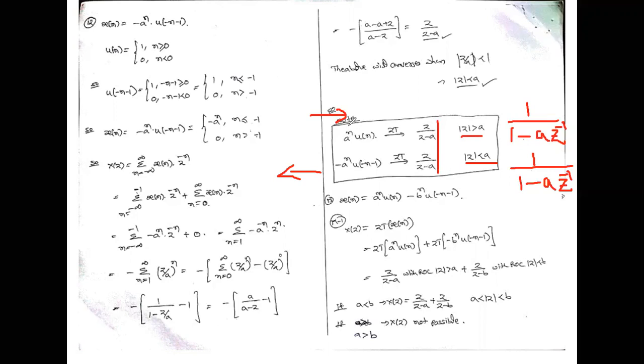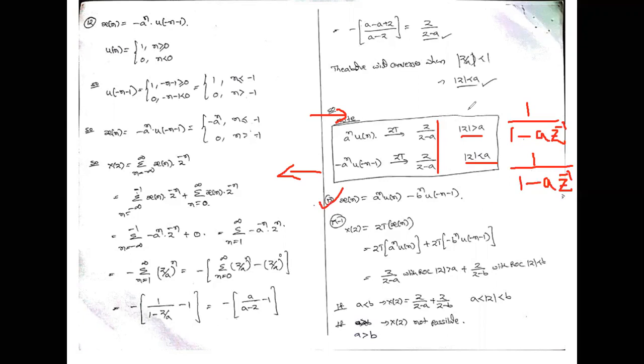When we combine the signals a power n mu of n and minus b power n mu of minus n minus 1, instead of a power n, without confusion, we take the b power n mu of minus n minus 1 as the combined signal.